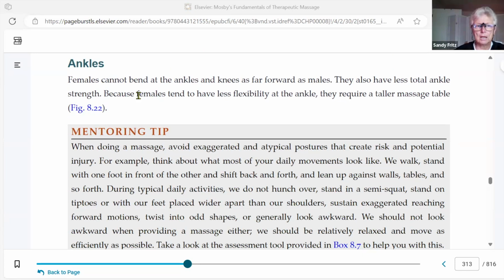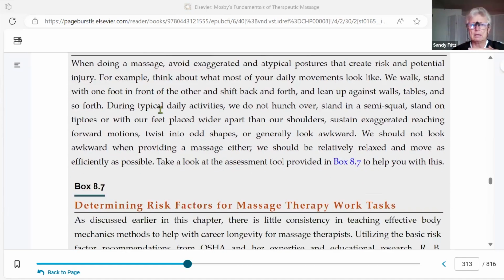Ankles as well. Believe it or not, females are more stable in their ankles than males, and so we can't tip as much on the ankles as a male can. So these are all why it is likely that if a generic male and a generic female are standing and they're the same height, the generic female would do best if the table was an inch or two higher.